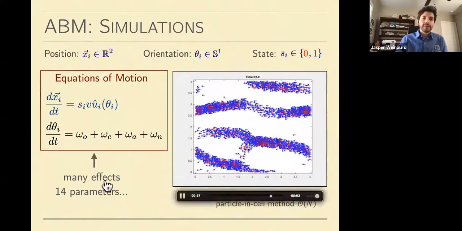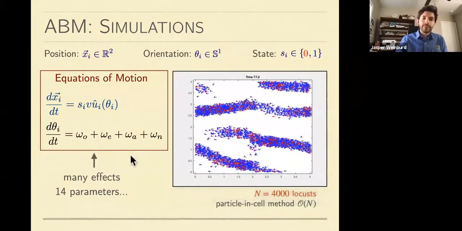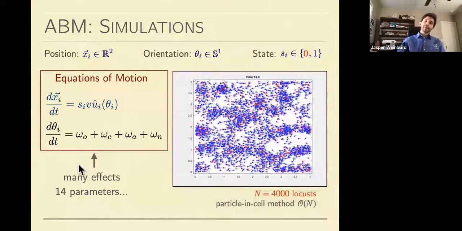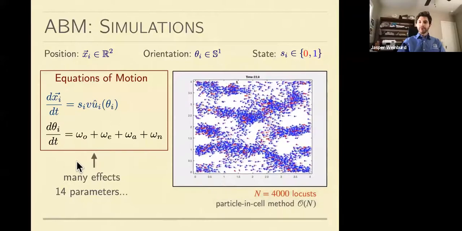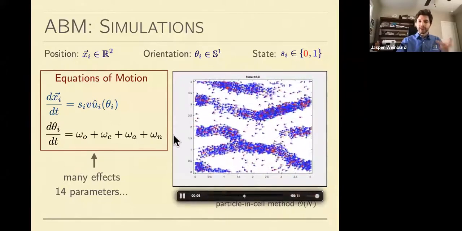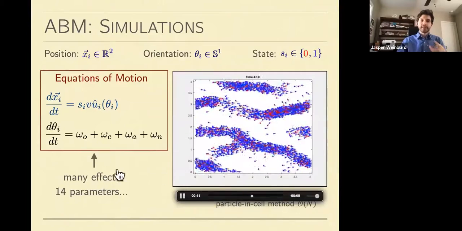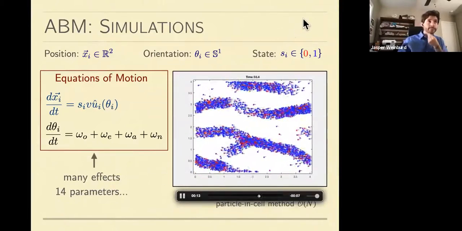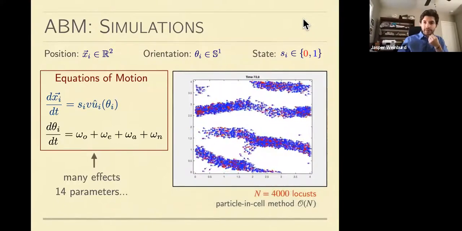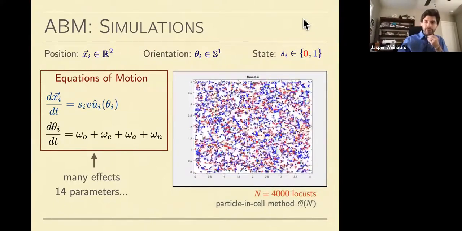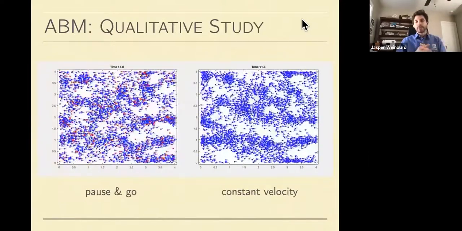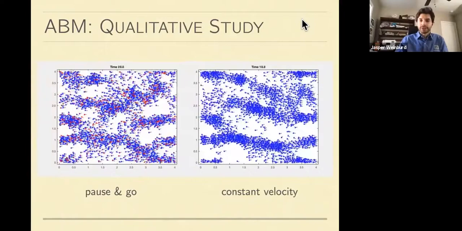The other thing I want to point out is there were a bunch of effects and even more parameters than our last model. So if we'd like to know whether or not we've really achieved the kernel or the essence of these columns, we need to examine those a little bit. And I think we're going to do so first qualitatively. So I'm running another simulation where I just took out the pause and go motion.